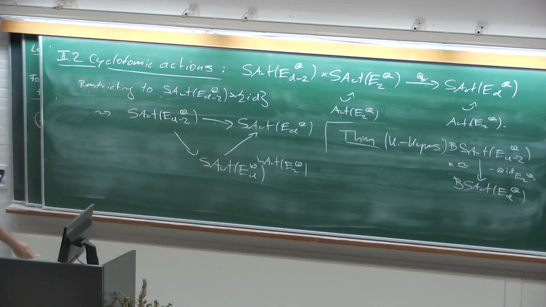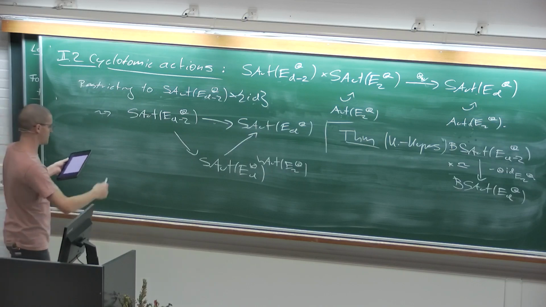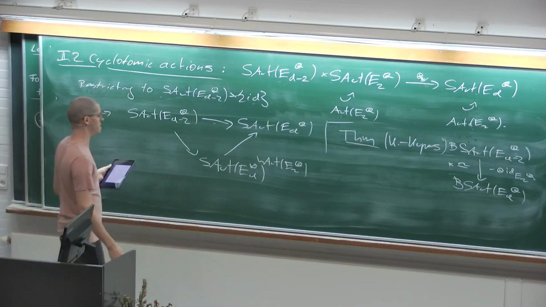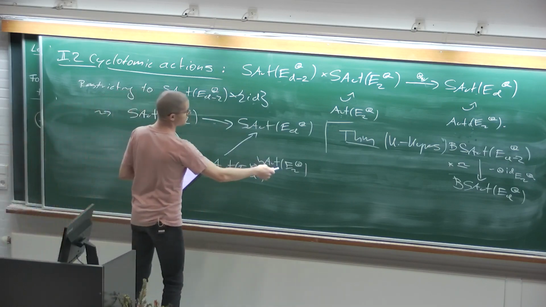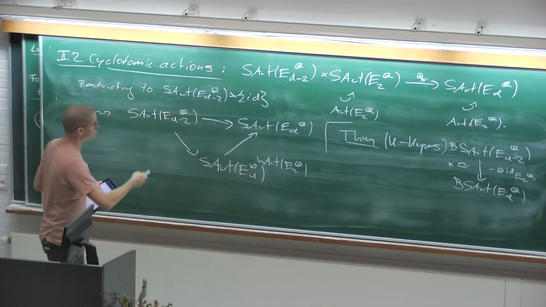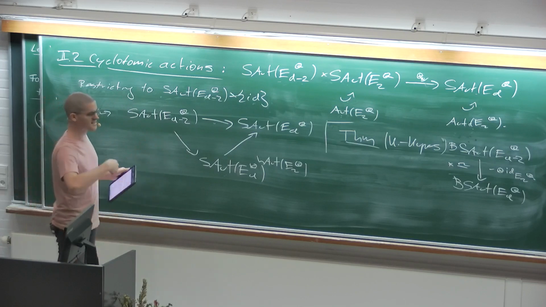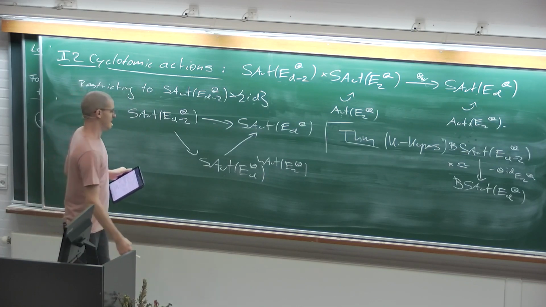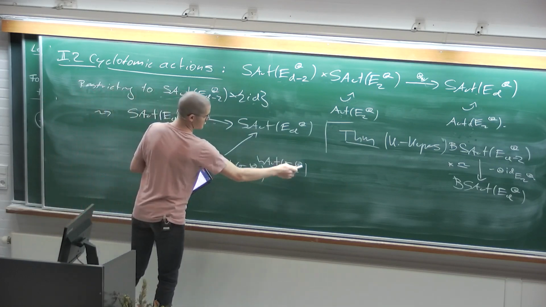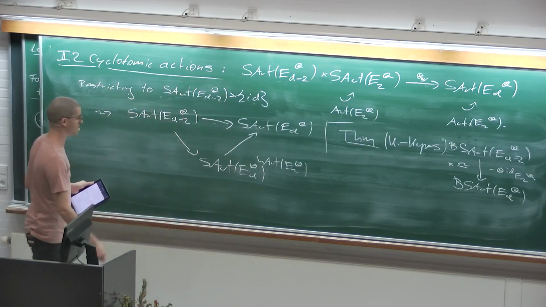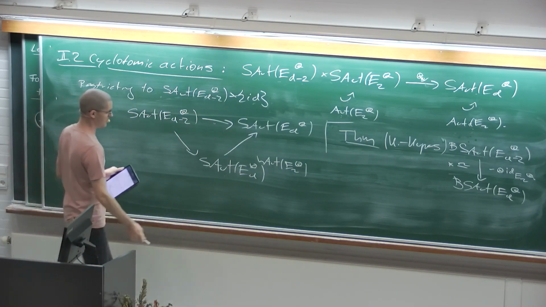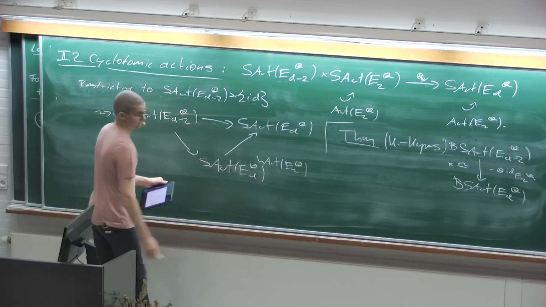And the strategy to do that is very much in the spirit of old arguments of Sullivan using rationalizations. The fact is going to be that if we rationalize a space or an operad, typically it has a lot more automorphisms. And these automorphisms on a rationalization of E_2 will act on this space, and they will act highly non-trivially, and they will act non-trivially enough to make the space here contractible.